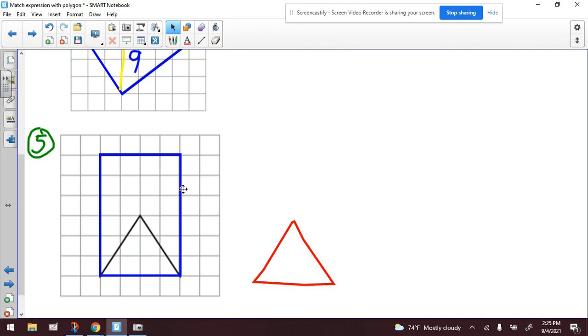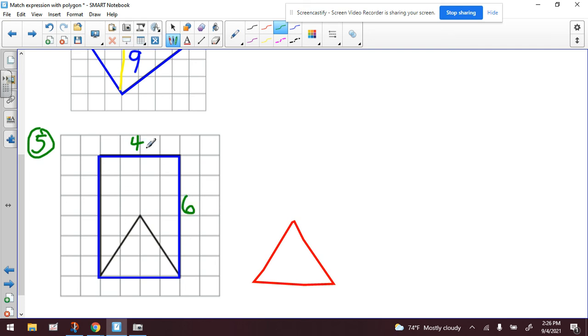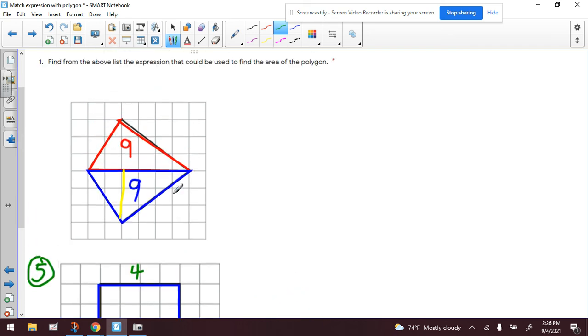Subtract that out from the area of the blue rectangle, because that's not part of the area. So let's proceed with figuring out the dimensions of the blue rectangle. If we count going this way, we get 1, 2, 3, 4. And if we count going down, it's 1, 2, 3, 4, 5, 6. So that's 4 being multiplied with 6 to find the area of the blue rectangle.